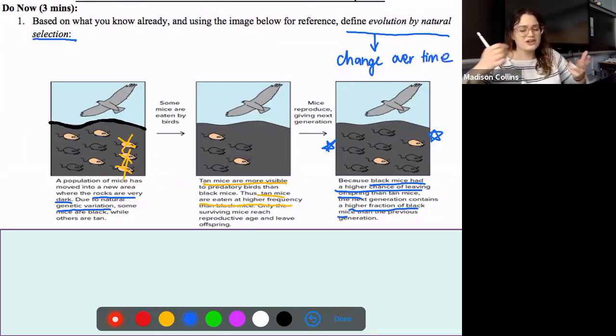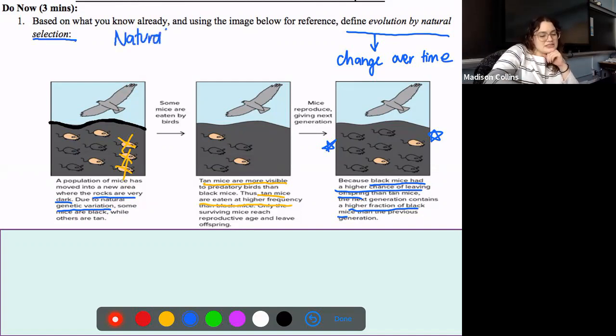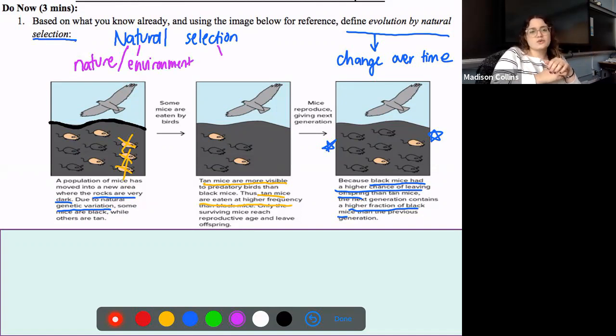All right, so we now know what evolution is, but what is this word natural selection? Well, if we break it down, when we see this word natural, we're talking about nature or the environment. And when we see this word selection, we're talking about choosing one thing over another.